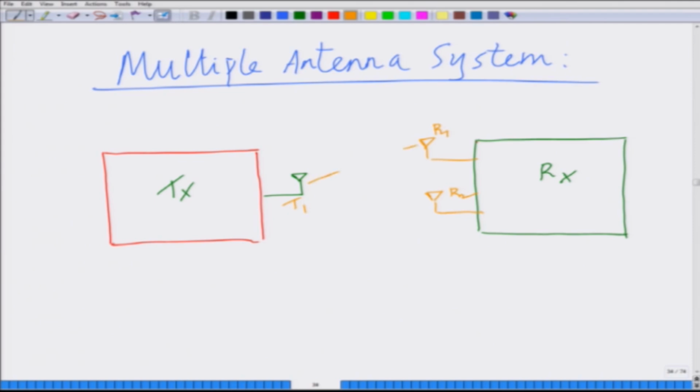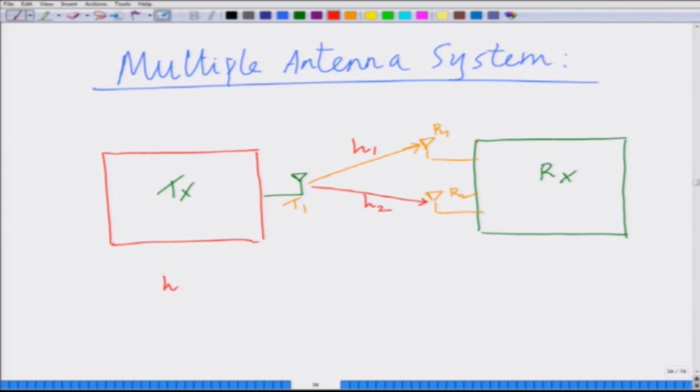Let the fading coefficient between transmit antenna 1 and receive antenna 1 be denoted by H1. The fading coefficient between transmit antenna 1 and receive antenna 2 is denoted by H2.